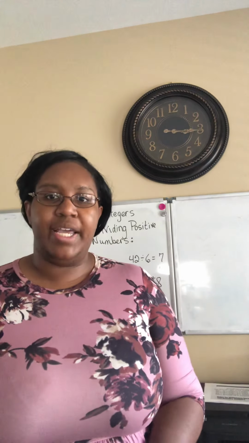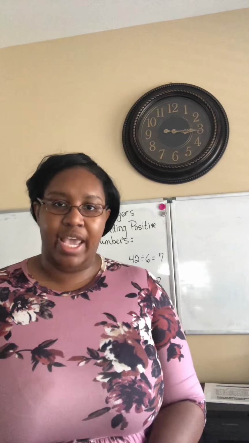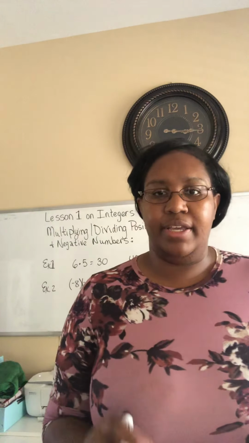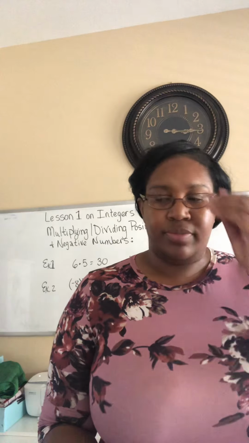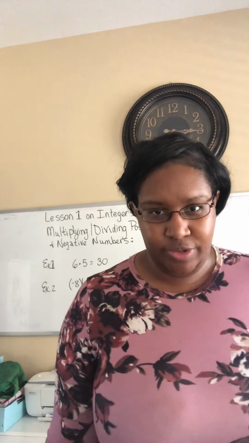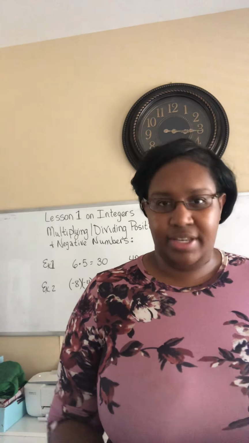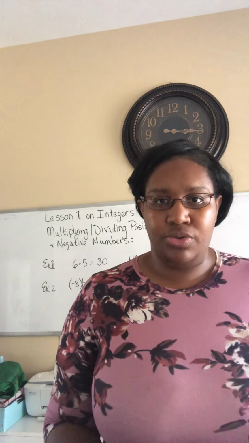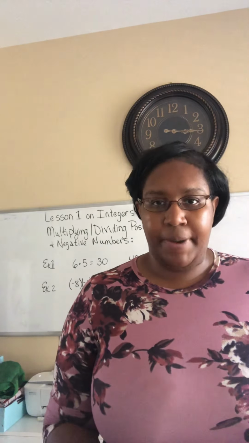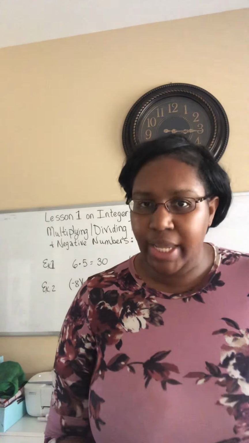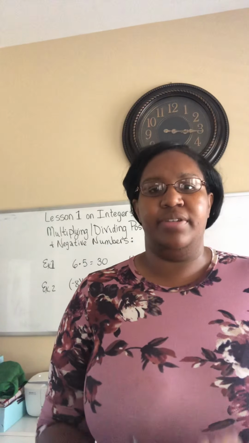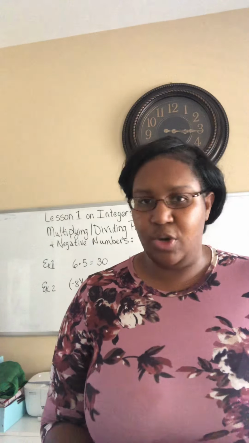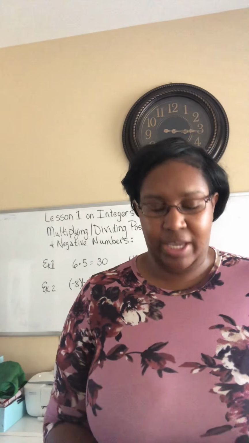Only when multiplying and dividing do two negatives make a positive. I've actually heard teachers say this, and it is incorrect. They should say two negative numbers make a positive answer only when multiplying and dividing. That's the only time. Okay.